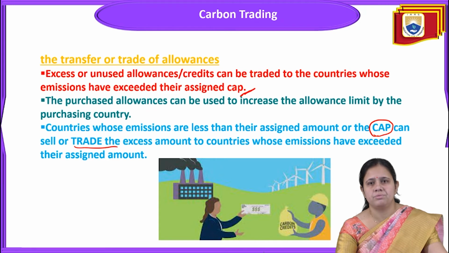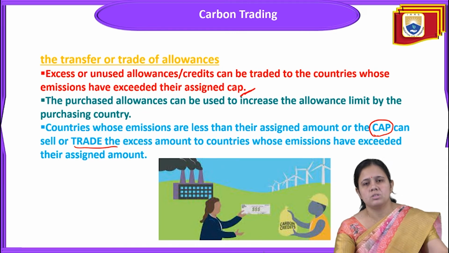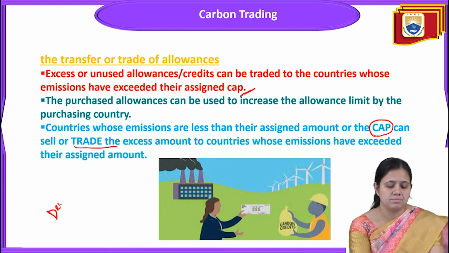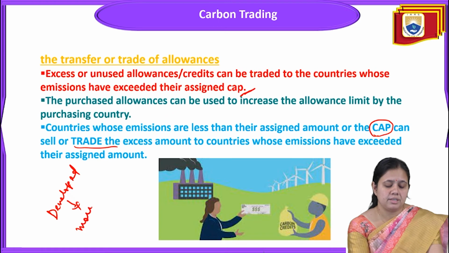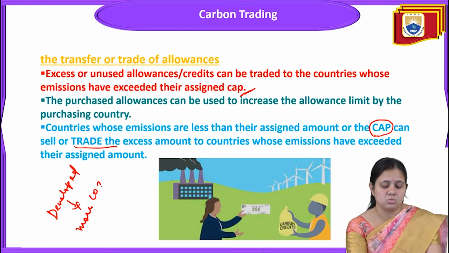Sometimes it may be useful, but most of the time it will not be a good solution for climate change, because those countries are already developed, and they are emitting more CO2.